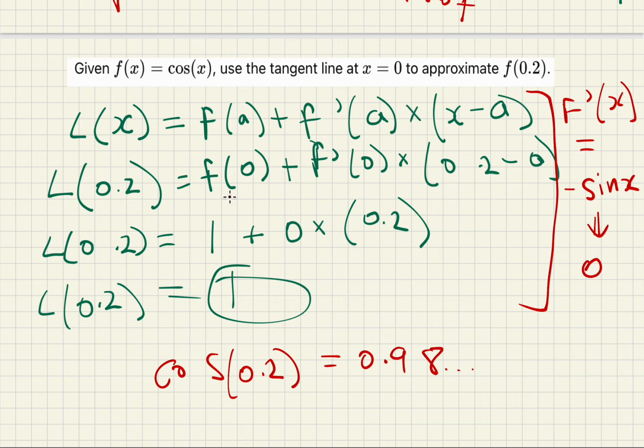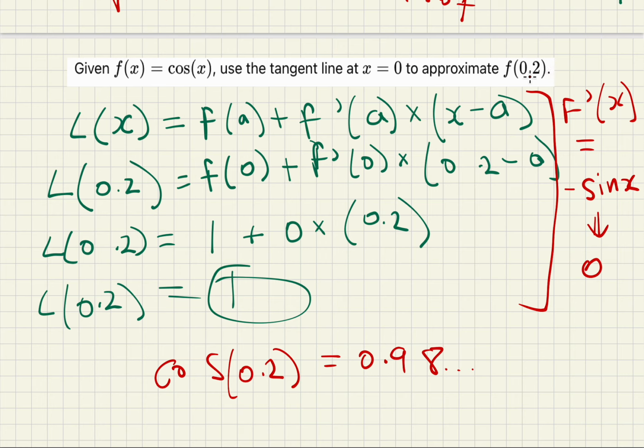And so we can use linear approximation to approximate any value of the original function f without using a calculator. But the problem is the value given to us needs to be close to the value of x at the tangent line. So if you noticed, each of these questions asks us to approximate a value of x which is close to the value of x at the tangent line.